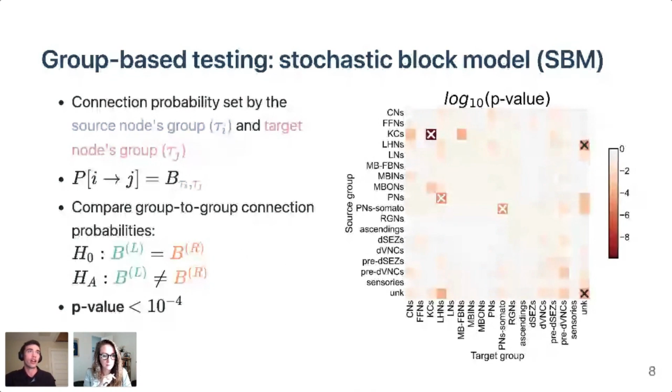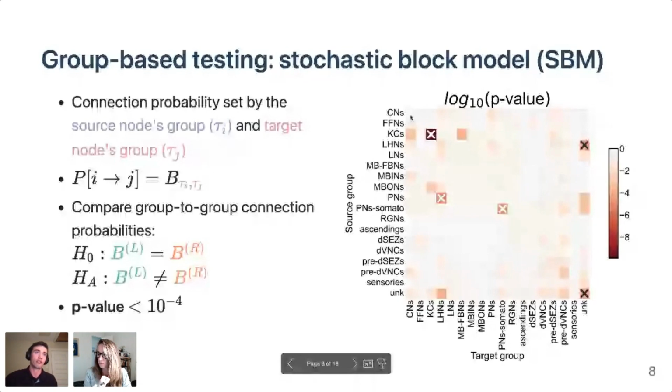For instance, this is showing a heat map of p-values that we get from doing all K squared of these different comparisons. This element here is looking at the comparison between these CN to CN neuron connections between the left and the right hemispheres.